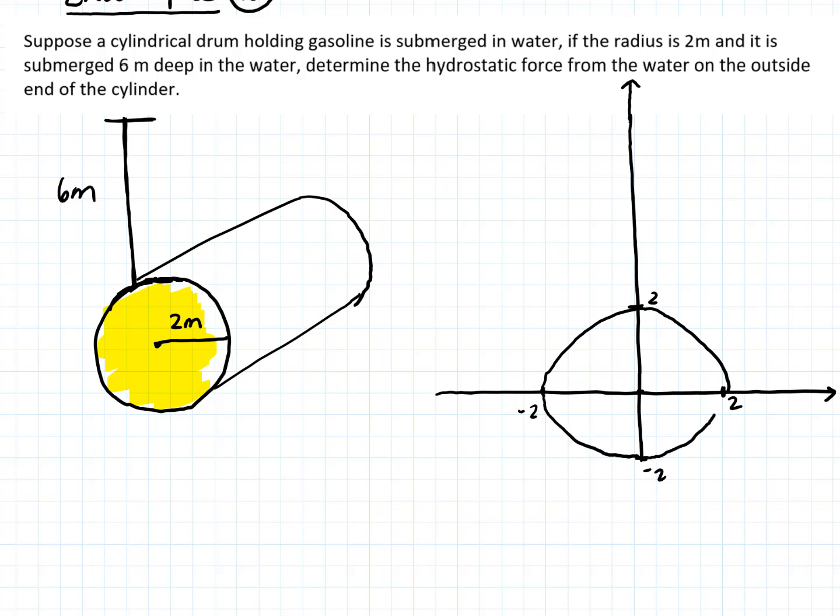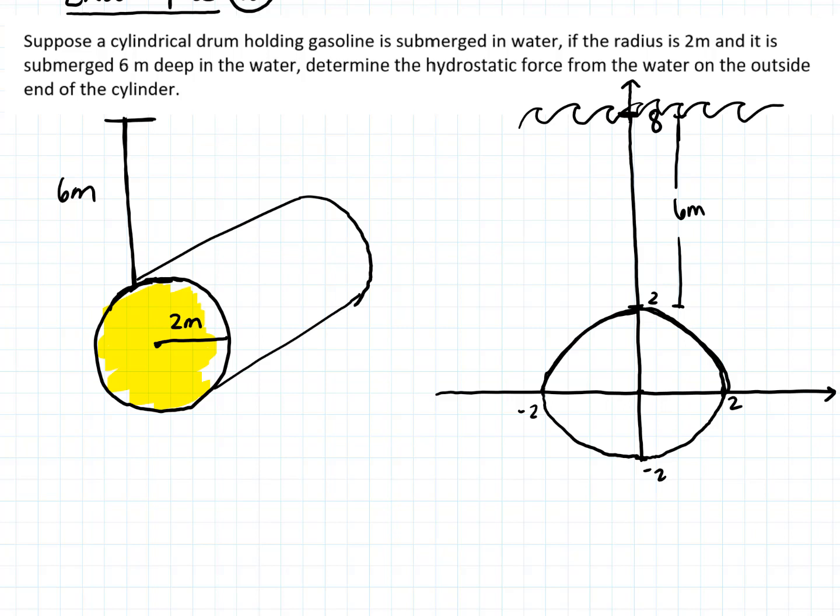It's not a perfect circle, but good enough. And then 6 meters above that, and again, this isn't going to be quite to scale because I'm running out of space up here, 6 meters above that is the actual water. So the top of the water is up here in my coordinate system at 8.